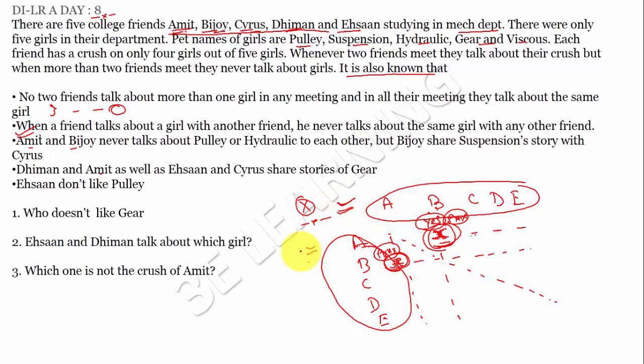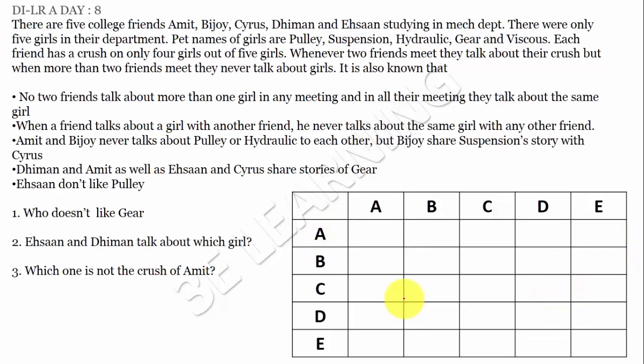Now solve this question. First of all, we have to draw the matrix, and in the matrix we just cross the diagonal. Why? Because A and A never talk; B and B never talk, means self-talking is not in the question. Then I'll plot all the given data in the matrix if possible. Otherwise I write the data on the left or right in my own language.